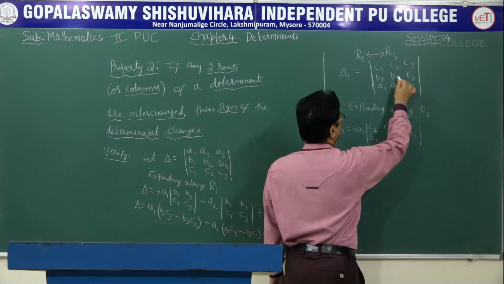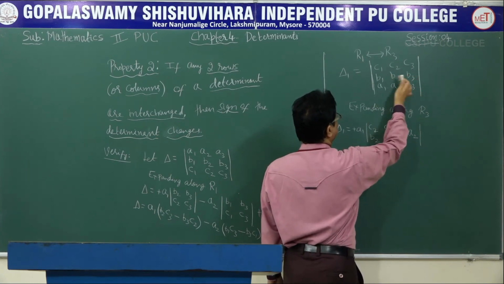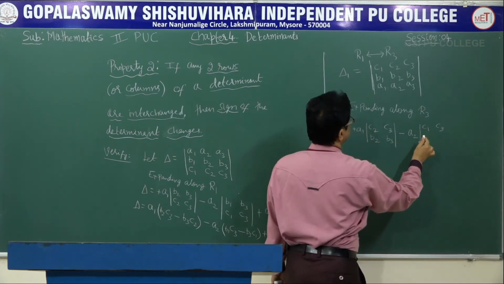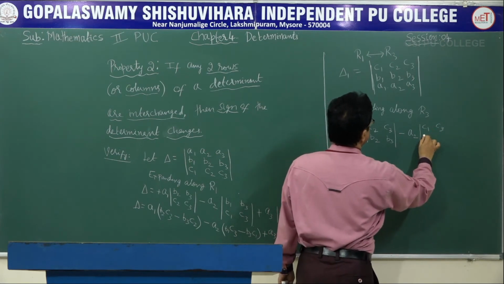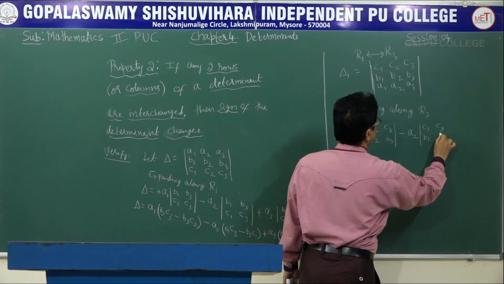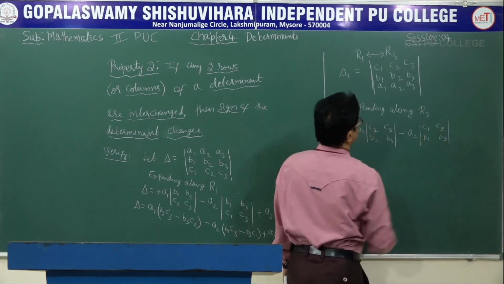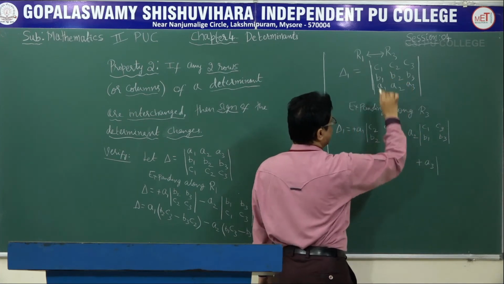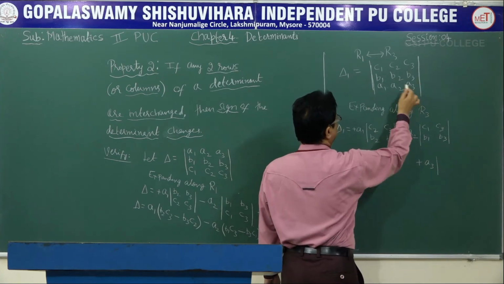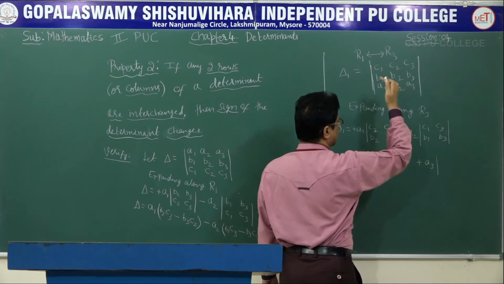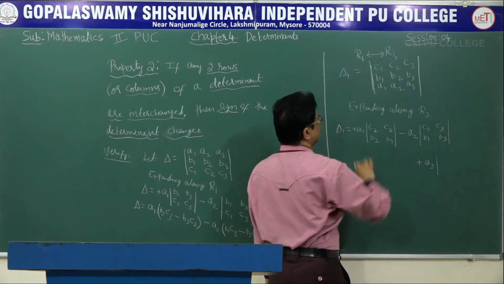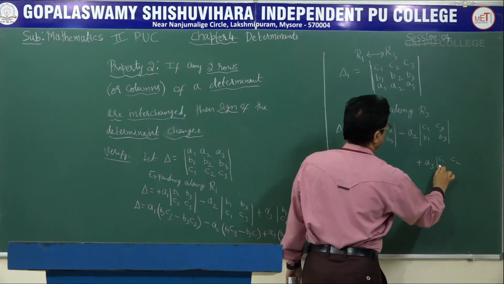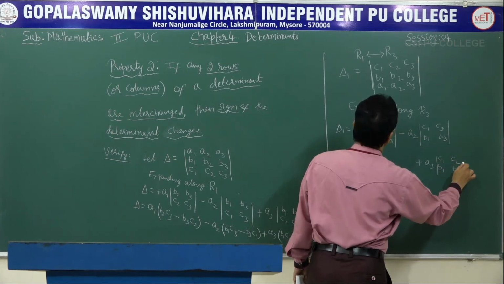We eliminate the third row and second column and take the determinant of the remaining elements, C1, C3, B1, B3, plus A3 into. A3 lies in the third row and third column. We eliminate the third row and third column and take the determinant of the remaining elements, C1, C2, B1, B2.